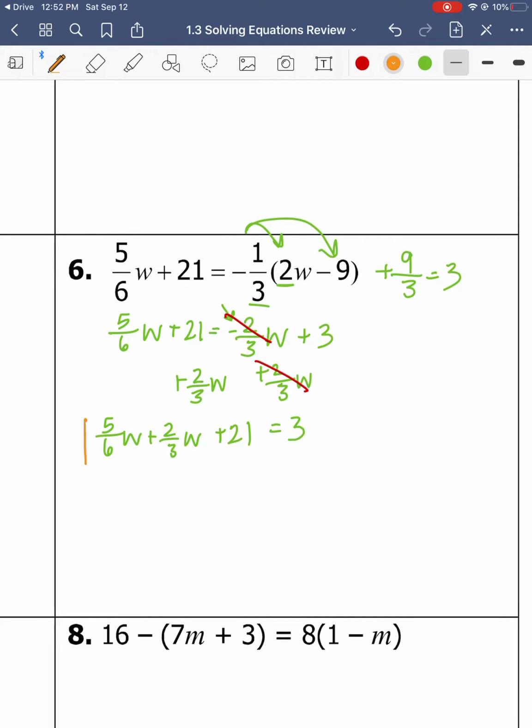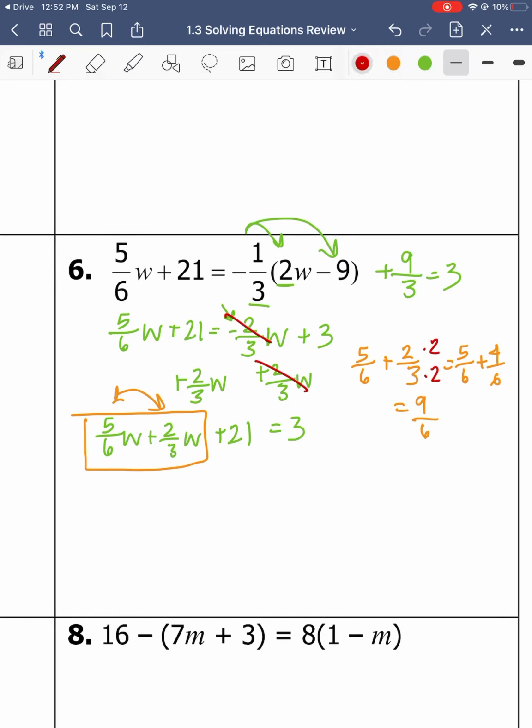We want to combine these terms over here, and we'll do that by adding the coefficients together. Okay, so we have 5 over 6 plus 2 over 3. We need to find a common denominator. We can just multiply the second fraction by 2 over 2. That will give us 5 over 6 plus 4 over 6, which equals 9 over 6.